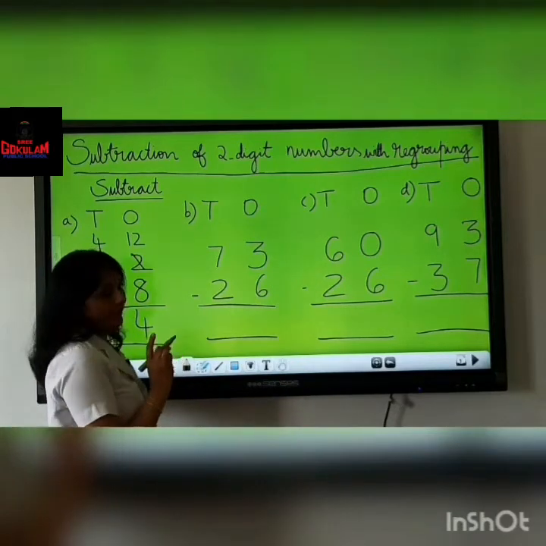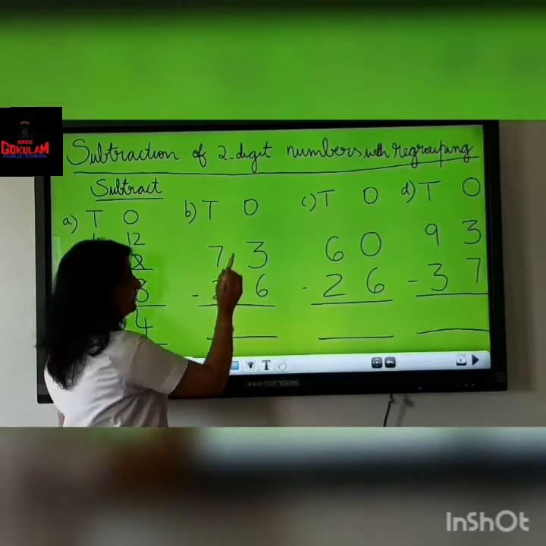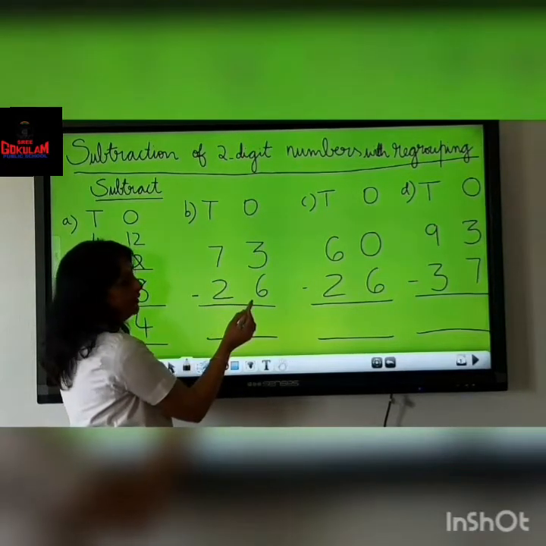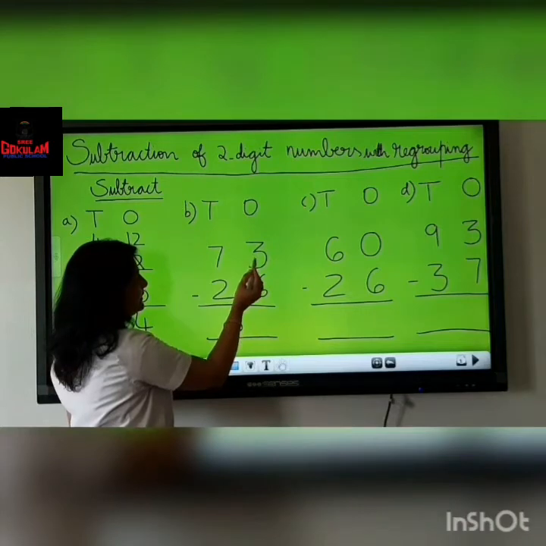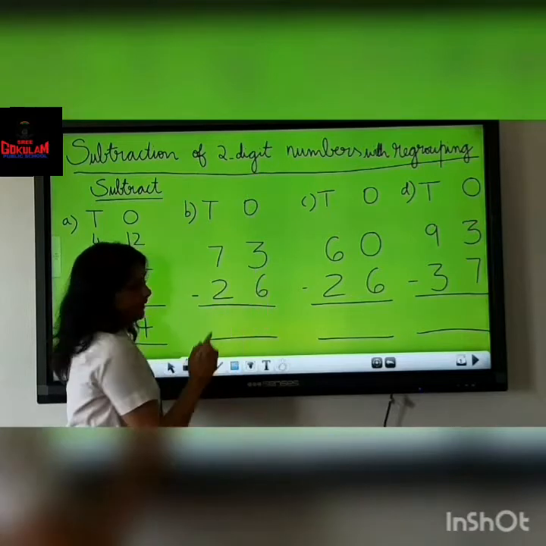Next question. 73 minus 26. Keep in mind, we can subtract a small number from a big number. Always begin from the ones place. What are the numbers we see in the ones place? 3 and 6. It is not possible to subtract 6 from 3.